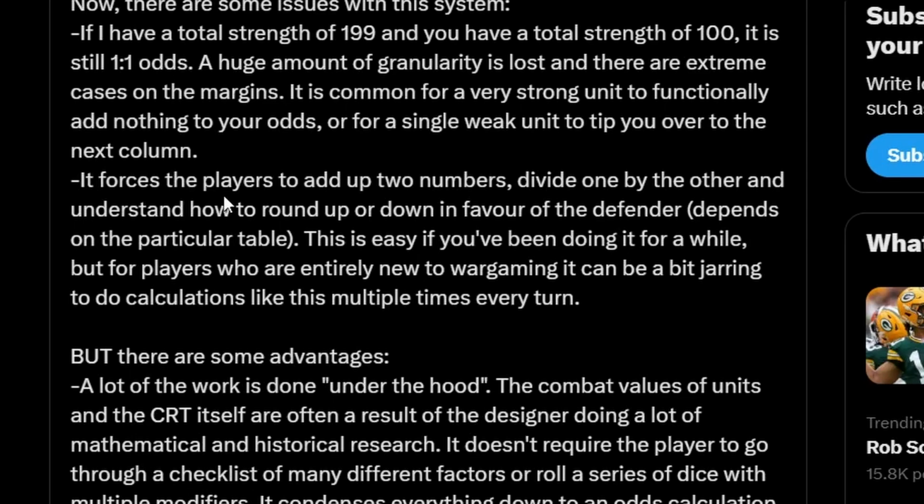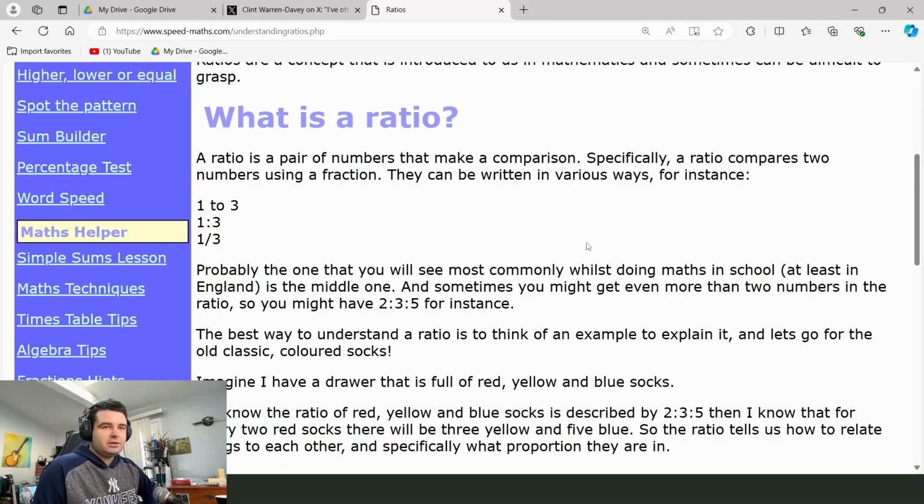But there are some really interesting tricks you can use. The key problem that you're trying to solve when you're evaluating a combat results table is the ratio of forces. But as Clint points out, maybe you're struggling with the basic math of calculating a ratio.